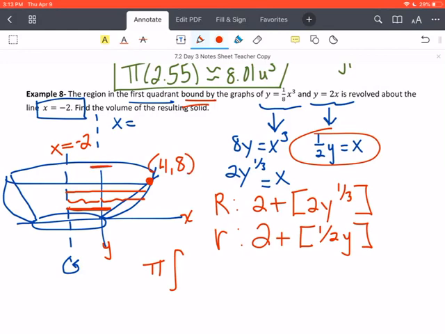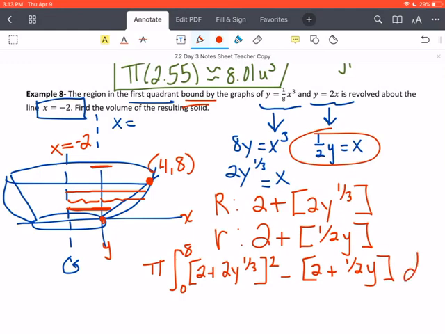We have to use the number off of the y-axis in this case, and we can see that they join at 0, 0. So I'm going to take 2 plus 2y to the 1/3. I don't have to use parentheses on that one because it's only one term. And then I am going to subtract my little r, the closer function, 2 plus 1/2 y dy.